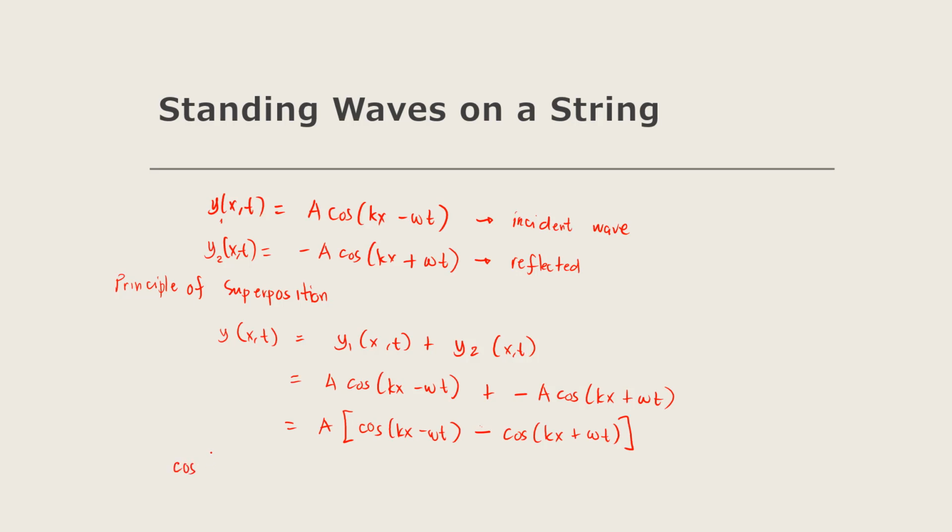For the cosine of two angles, cosine (alpha plus beta) is equal to cosine alpha cosine beta minus sine alpha sine beta. And we also have cosine (alpha minus beta) is equal to cosine alpha cosine beta plus sine alpha sine beta.